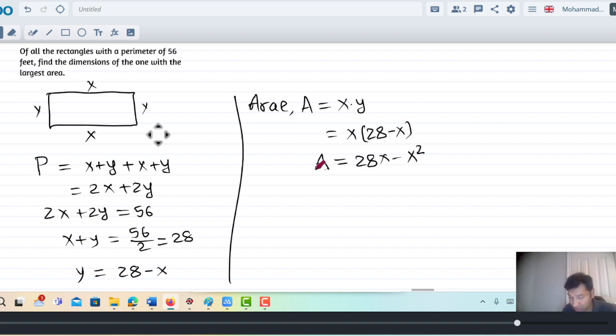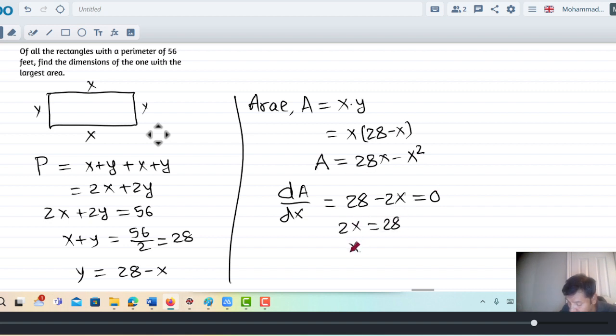We need to find the dimensions of the rectangle which provide the largest area. So find the derivative dA over dx. The derivative is 28 minus 2x, and for the largest area the first derivative has to be 0. Now solve for x. 2x equals 28 and x equals 14.